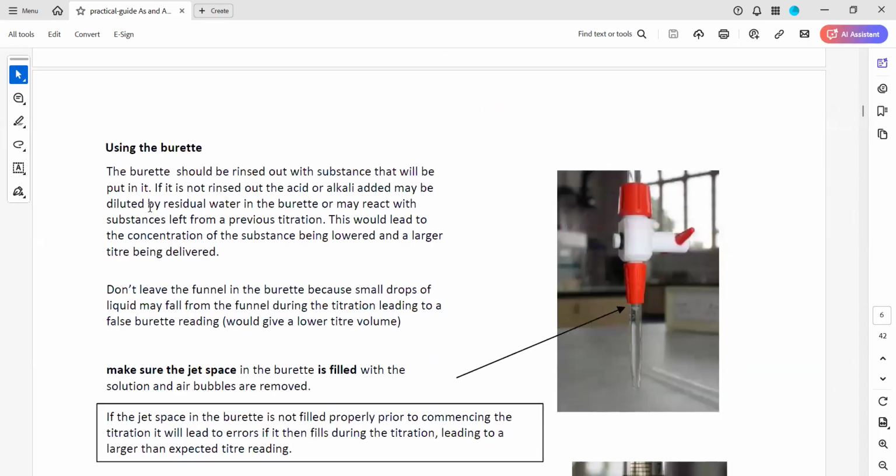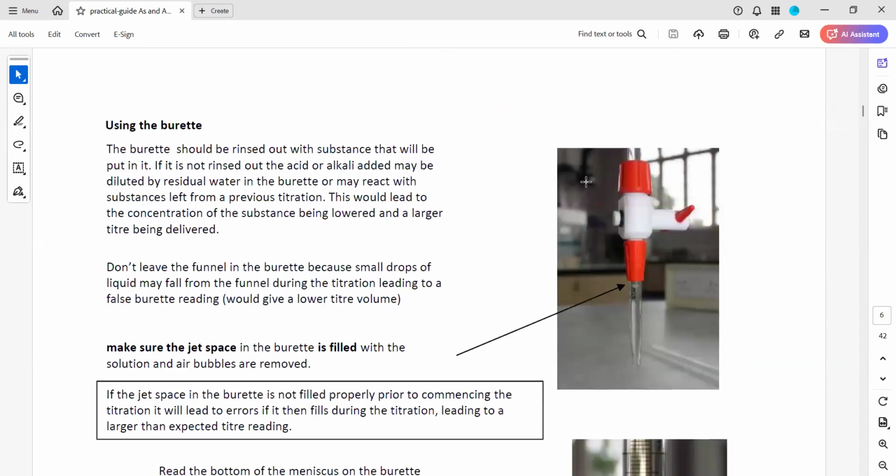If I want to fill the burette with an acid, first I rinse it with distilled water, and then I rinse with the acid which we want to fill up. And do not leave the funnel in the burette because some drops of liquid may fall.